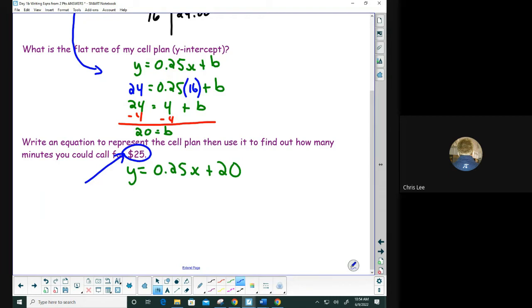Where the x is? What does x represent? Nope. 25 is the y. That's right. Okay, the cost is your y. Your minutes is your x. So 25 equals 0.25x plus 20. You guys know how to finish these.